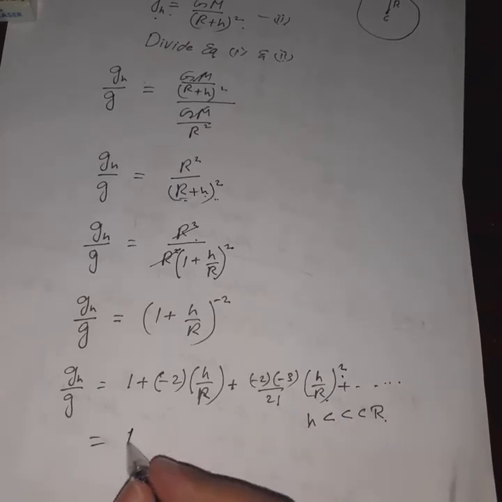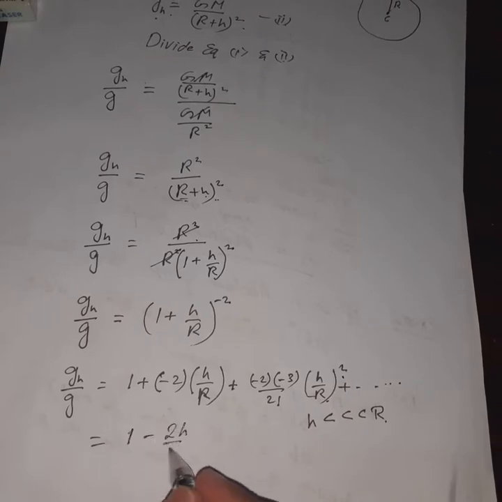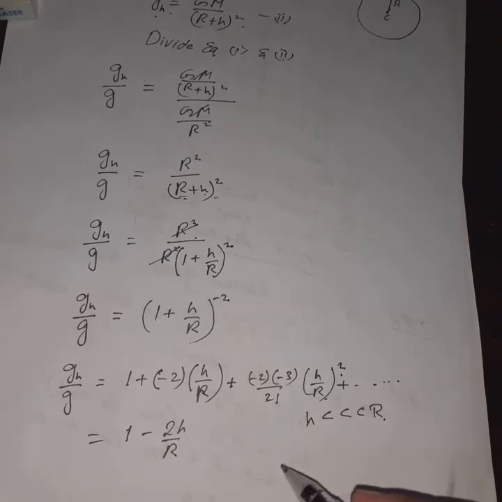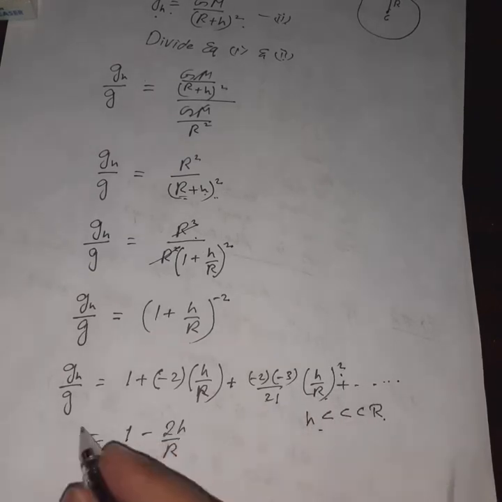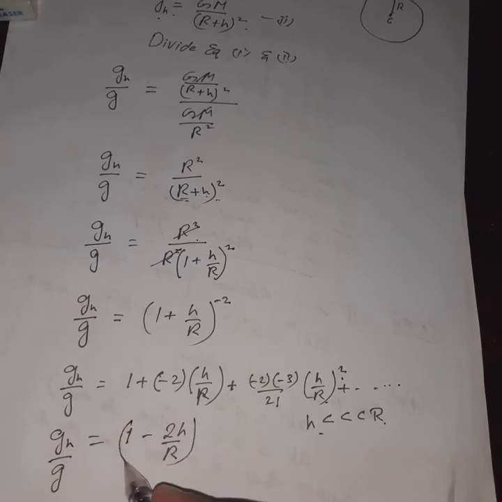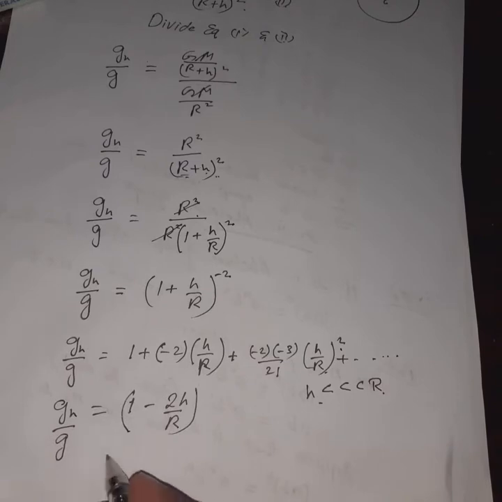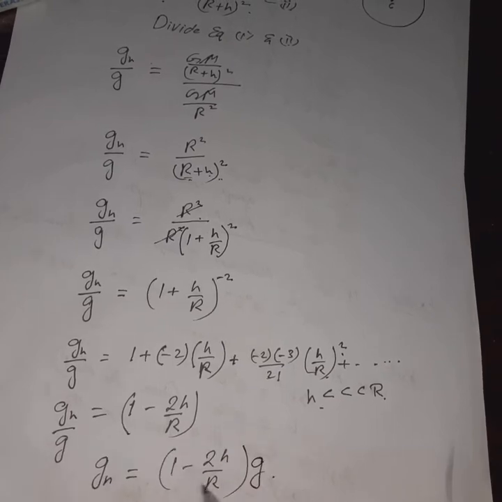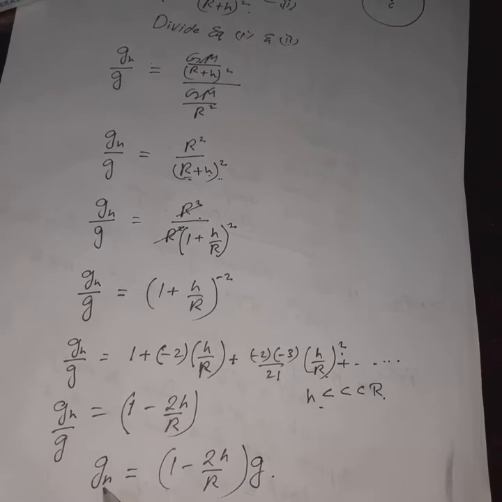So the equation becomes 1 minus 2h over R, and the square term and all other higher terms can be neglected in this case. So g_h over g is equal to 1 minus 2h over R. So g_h will be equal to (1 minus 2h over R) times g. So this is the relation of gravitational acceleration at height h with the gravitational acceleration on the surface of the Earth.